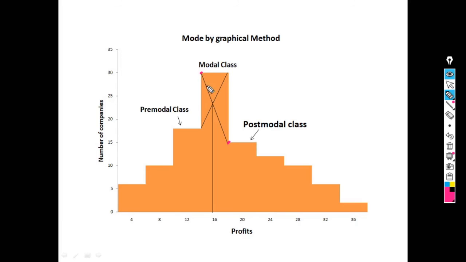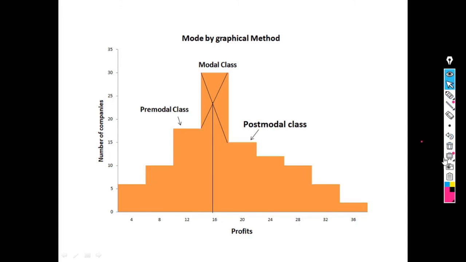Join these 2 points by using the straight line like this. Then join upper limit of modal class and upper limit of pre-modal class by using the straight line. This is the third step.